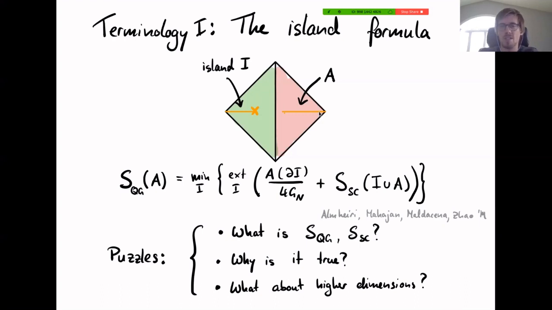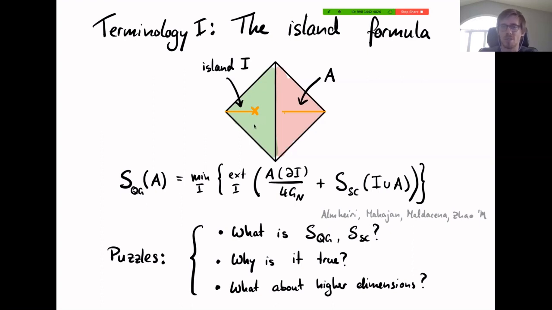And the answer is there's a new proposed prescription for how to compute the true quantum gravitational entropy of this region A, and I'll explain in the next few minutes what exactly I mean by this. Instead of just taking the density matrix in some semi-classical approximation and calculating its von Neumann entropy, you should consider all possible disconnected regions in this gravitational space-time.